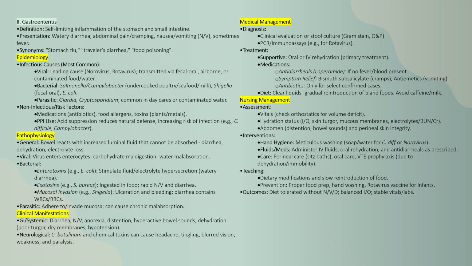The use of acid suppressing medication like proton pump inhibitors, the PPI, may increase the risk. Pathophysiology: the primary reaction is increased luminal fluid in the bowel that cannot be absorbed, leading to diarrhea, dehydration, and electrolyte loss.